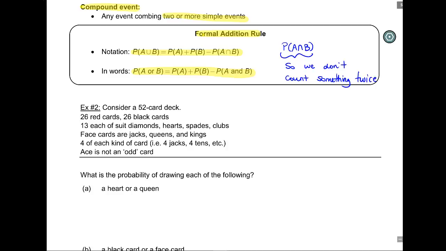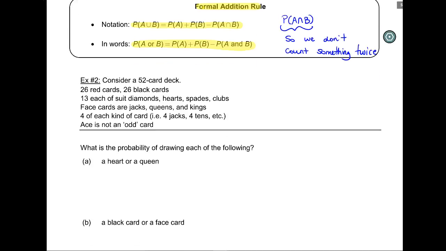You have to be careful, because we're going to look at an example with a deck of cards, and we want to figure out the probability of 2 events occurring, but you could have a combination of the 2. So we want to make sure that we don't accidentally count those events twice. What's the probability of drawing a heart or a queen?